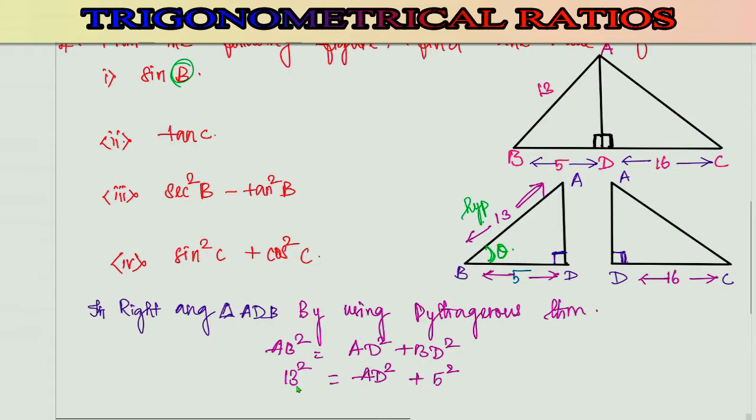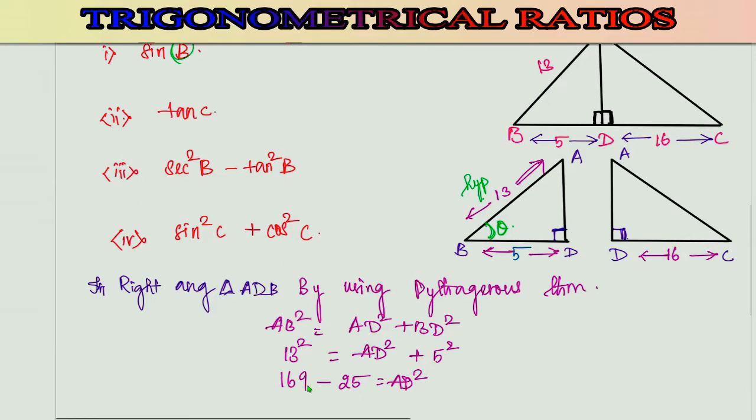So 13 square is 169 minus 5 square, which is 25, is equal to AD square. 169 minus 25 gives 144 is equal to AD square. Therefore AD is equal to plus or minus root 144. So we get AD is equal to 12.